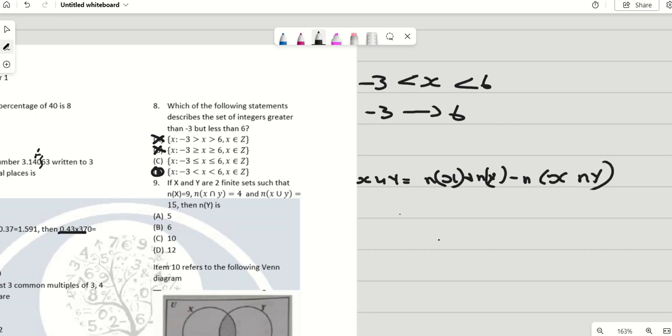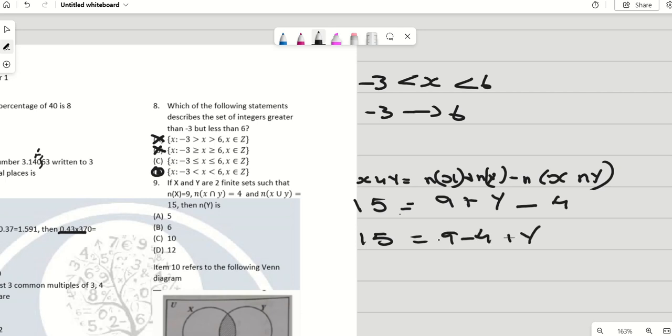If we put that, the number of elements for x is 9, plus the number of elements for y, we don't know, we'll put y, minus the number of elements for intersection is 4, and this union is equal to 15. So we have 15 is equal to 9 minus 4 plus y, right?